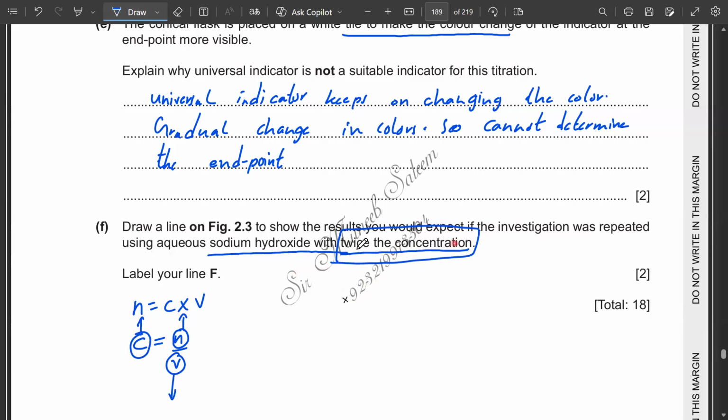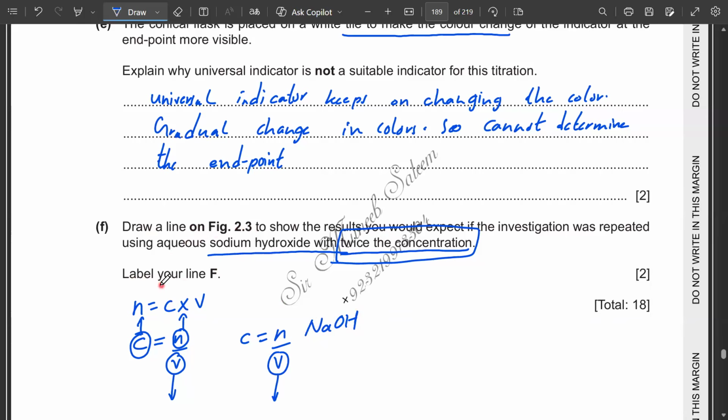So for this experiment, if we have to increase the concentration, we can think that we have decreased the volume of the sodium hydroxide. So here C is equal to n over V. We have decreased the volume of the sodium hydroxide. So if the volume has been decreased, what effect will it have on figure 2.3, which was our graph?